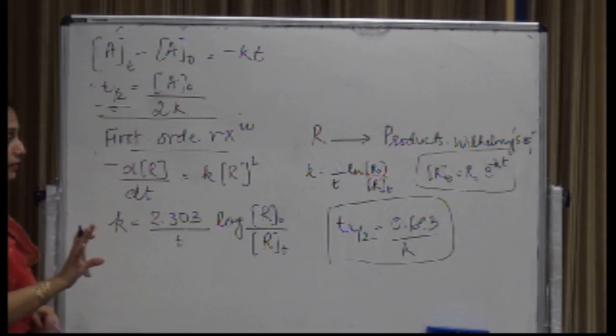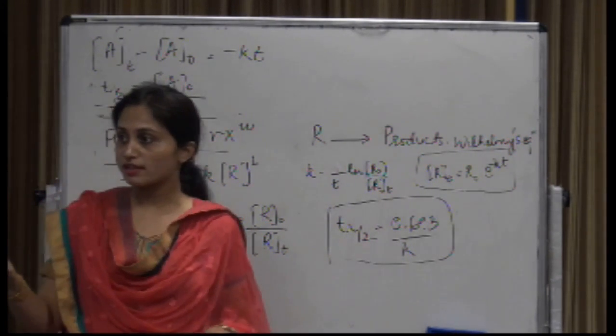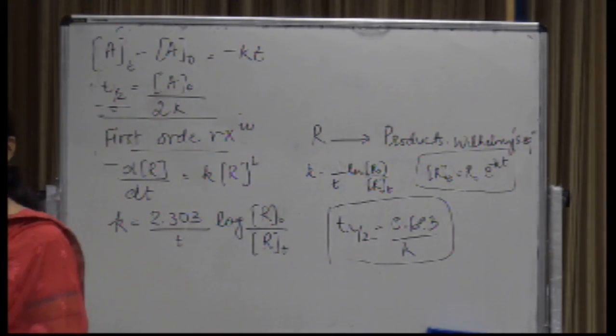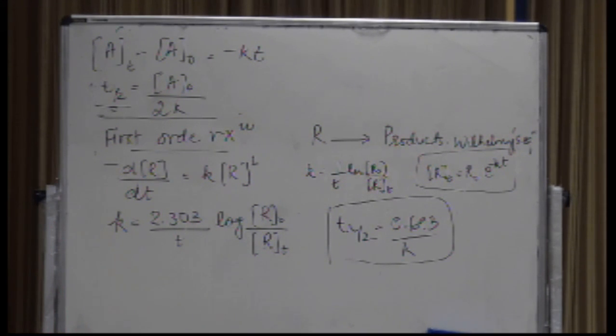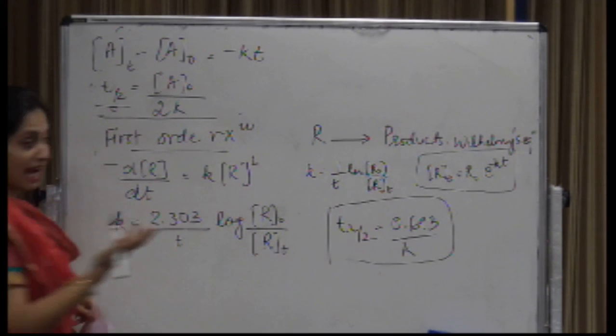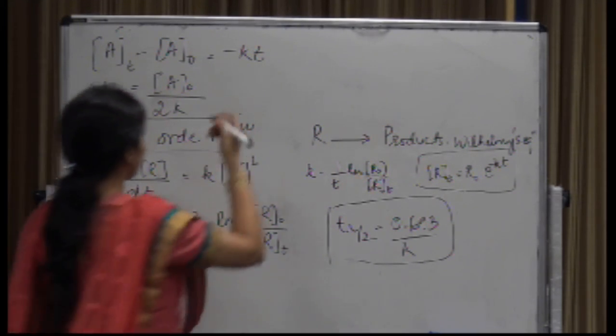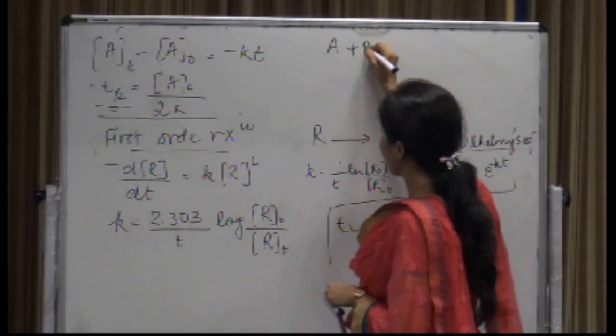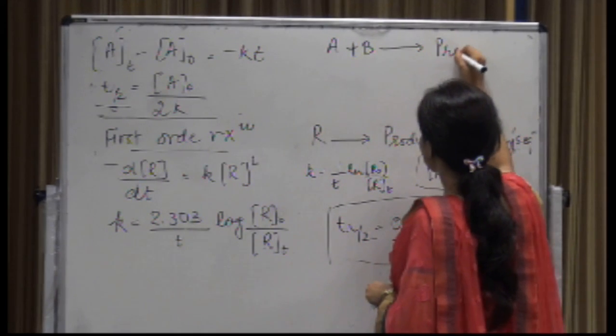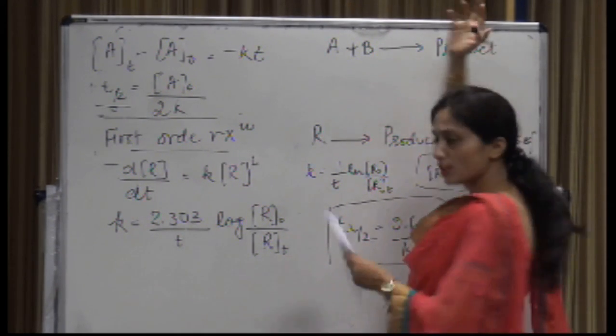Now there are some reactions. First order is easily understandable. You must have derived it also and you know how to do it. But there are some reactions in which you have more than one reactant, but the rate depends only on one of the reactants. Like for example, if I say that my A plus B is giving me product C plus D or whatever.